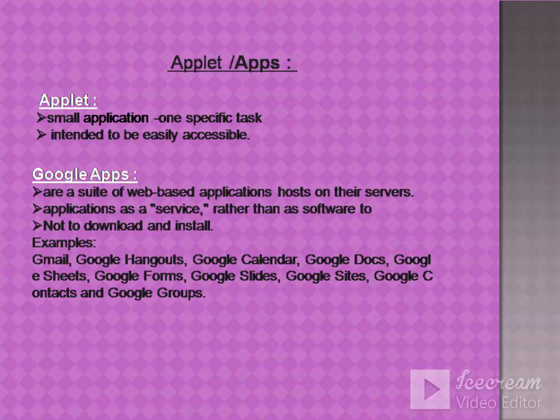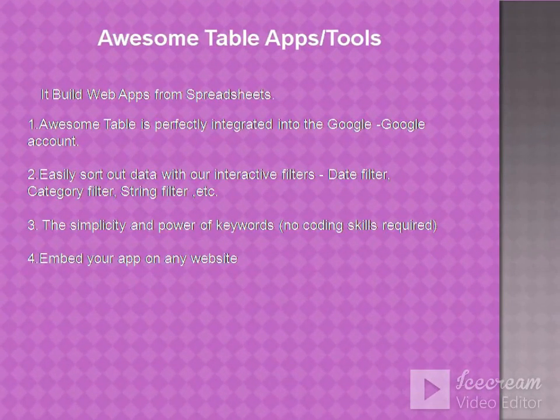Google provides these applications as a service rather than as software to purchase and install. There are a number of examples like Gmail, Google Hangouts, Google Calendar, Google Docs, Google Sheets, Google Forms, Google Slides, Google Sites, Google Contacts and Groups.